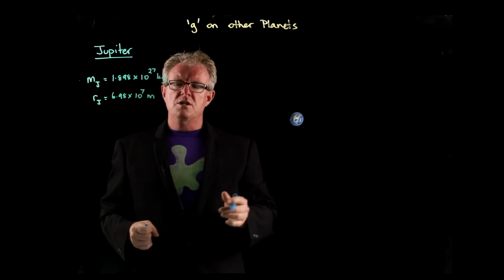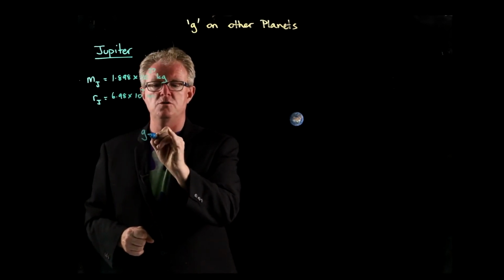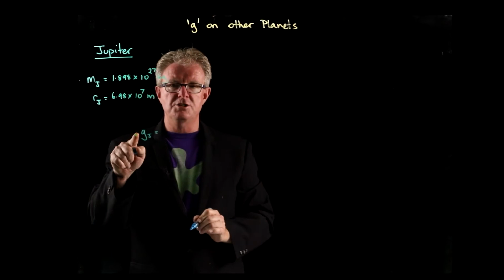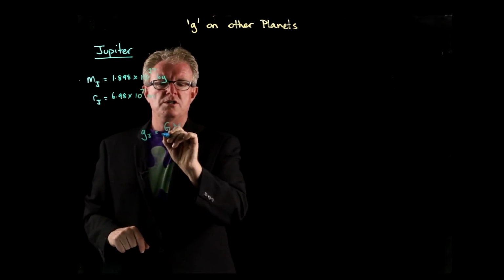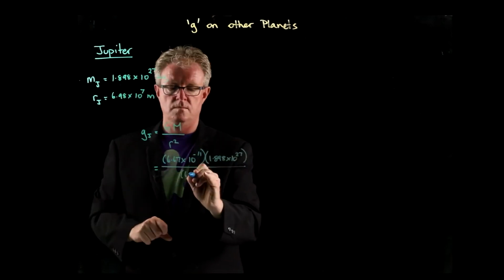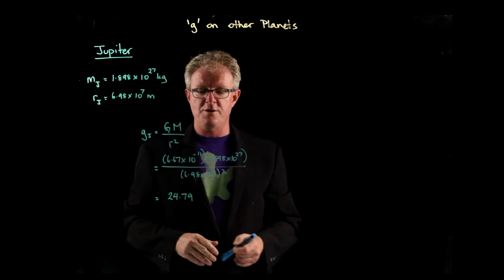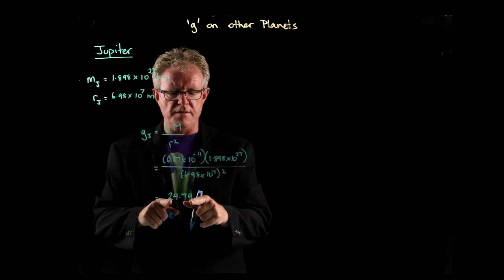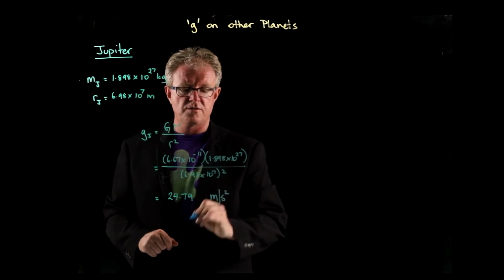So let's see what g is on that planet. So here we have g for Jupiter, g and then J for Jupiter, and we put this into the equation like so. Now, I don't have my calculator right here at this very second. This is the value that I've got written down in the book here, which I think I got from research.